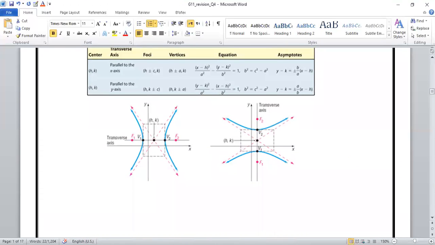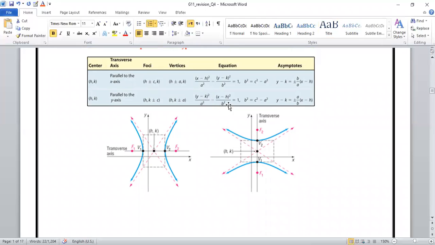In general, the equation of a hyperbola in case the center is at h, k. We have two cases. The first case, the transverse axis is parallel to the x-axis, and the second, the transverse axis is parallel to the y-axis.